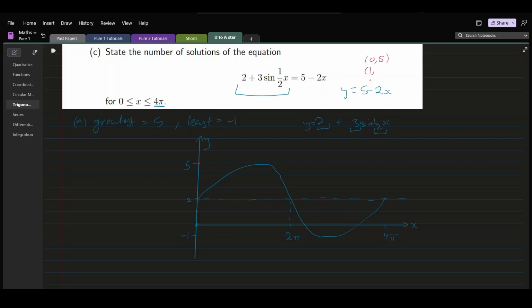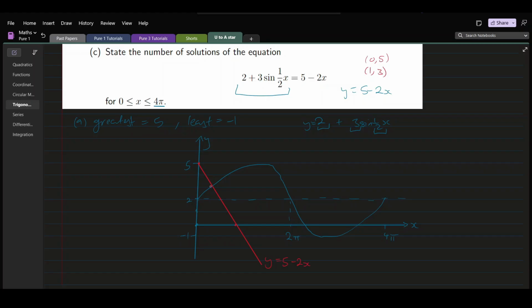So when x is 1, that's 5 minus 2, so y is 3. So 3 is around half of 2 pi because 2 pi is around 6.28. So 3 would be somewhere here. So our line is going through these 2 points over here. So our line looks like that. This is the line of y equals 5 minus 2x.